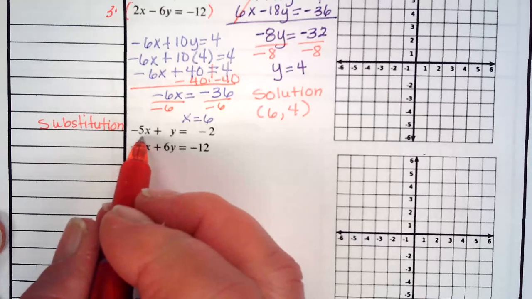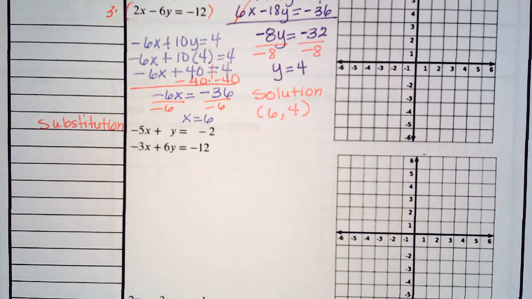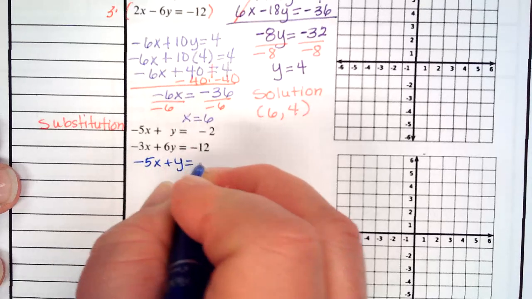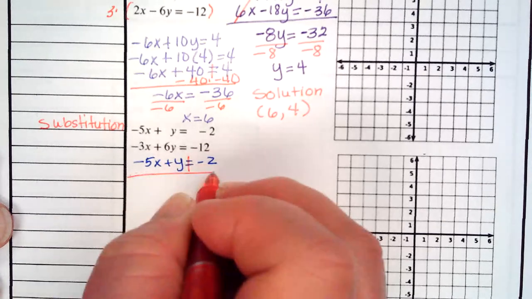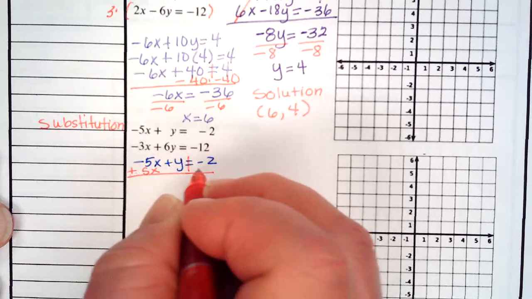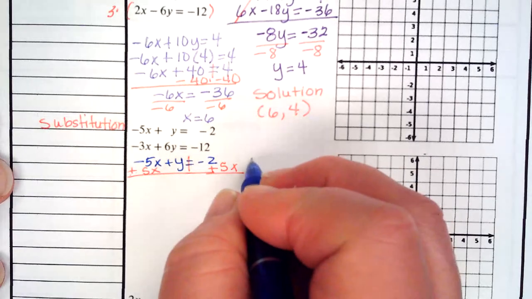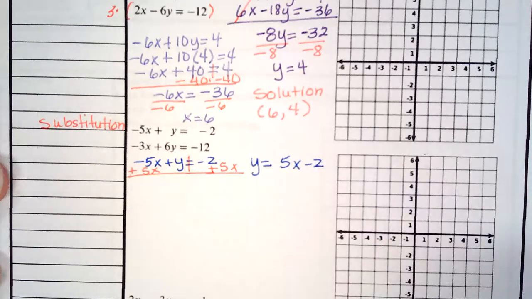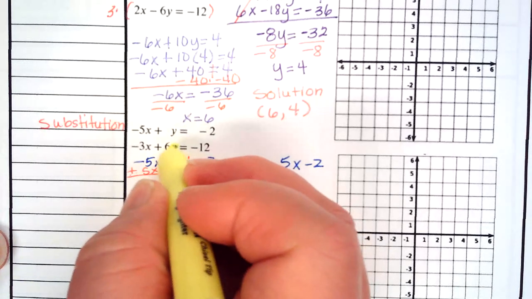So by adding 5x to both sides, I get y is equal to 5x minus 2. I am going to substitute that into that second equation and solve.